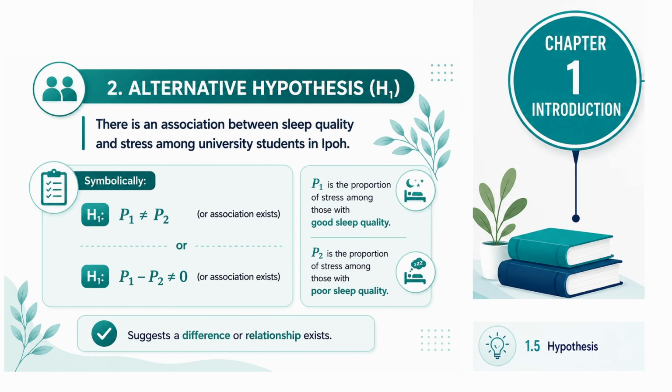That means P1 is the proportion of stress among those with a good sleep quality, and P2 is the proportion of stress among those with a poor sleep quality. H1 is that P1 is not equal to P2, or P1 minus P2 is not equal to 0. That means some difference is there, or some association is there between sleep quality and stress.